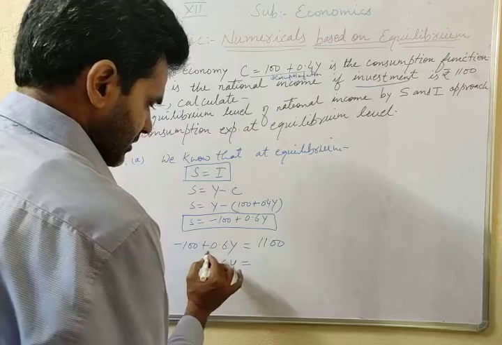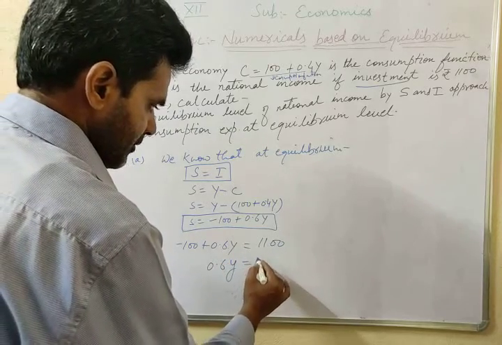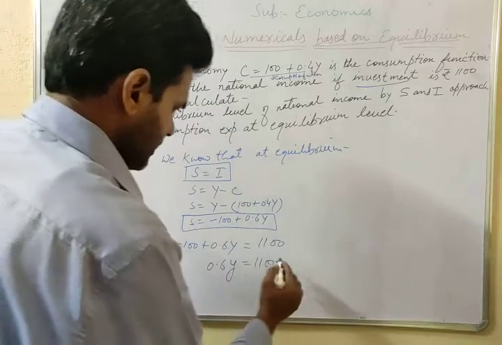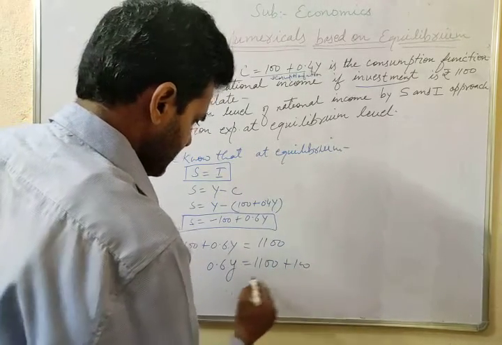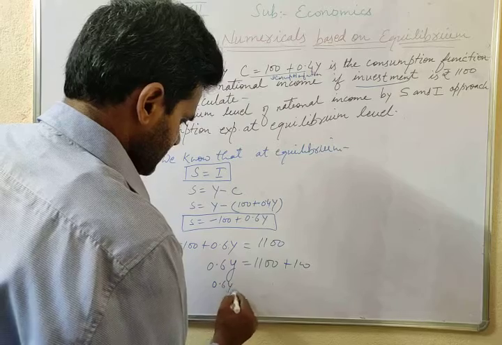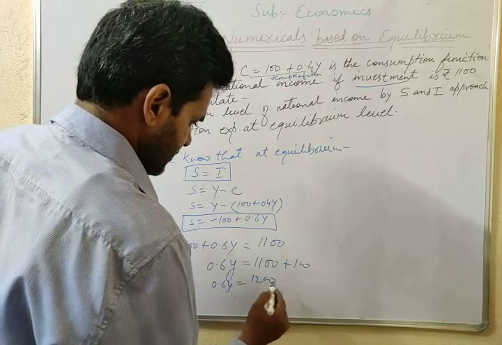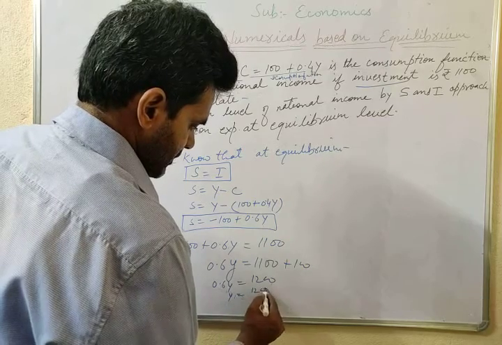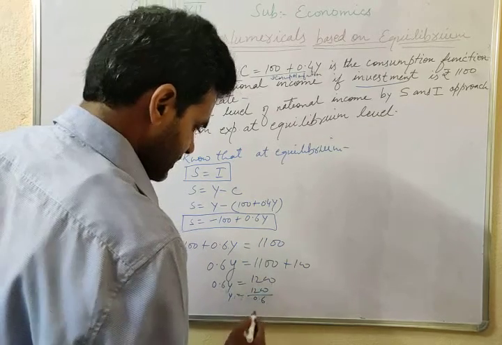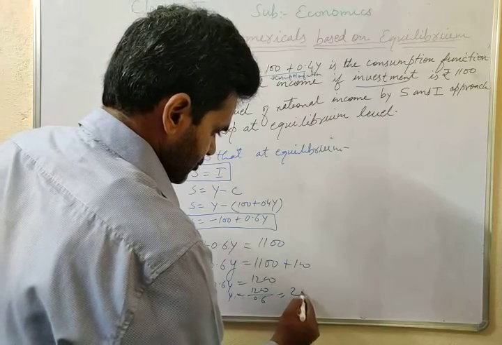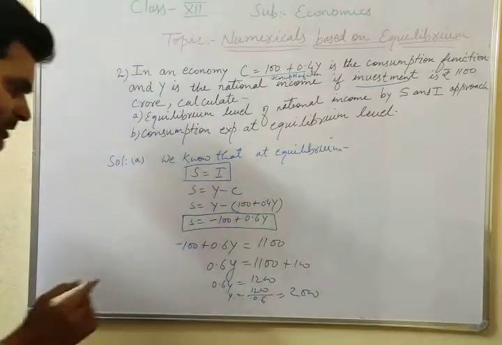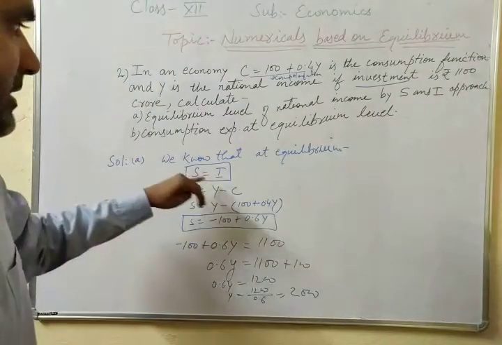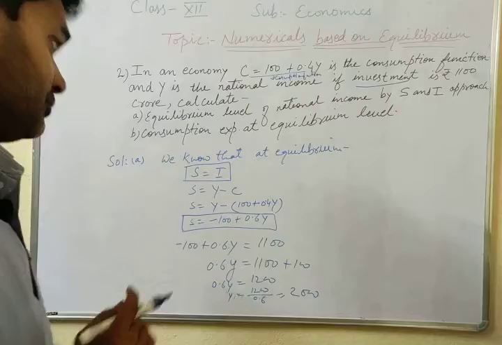Here it is negative and it becomes positive after going to the right-hand side. 1100 plus 100, so 0.6Y is equal to 1200 and Y is equal to 1200 divided by 0.6, which is equal to 2000. So this is the equilibrium level of income using the saving and investment approach.